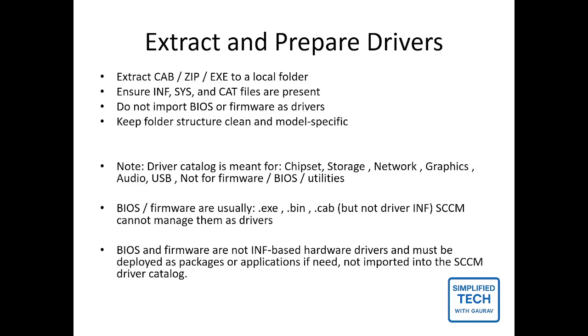Extract the package you downloaded into your local folder and prepare the drivers. Ensure INF, sys, and cat files are present because SCCM detects only these files. Don't import BIOS or firmware as a driver. Keep the folder structure clean and model specific.